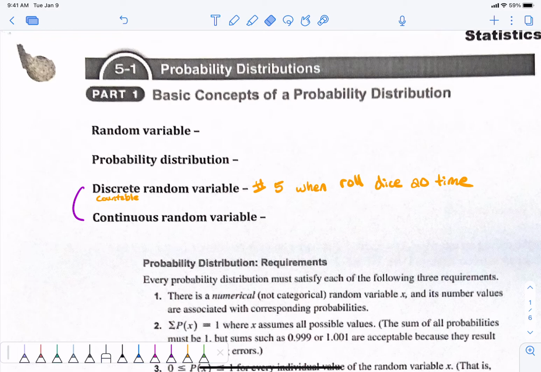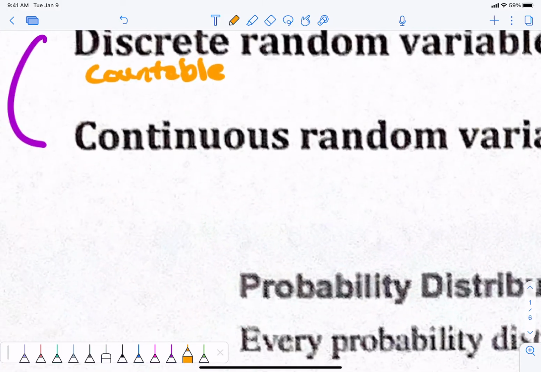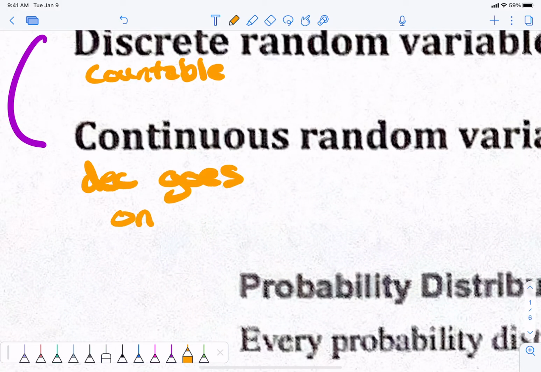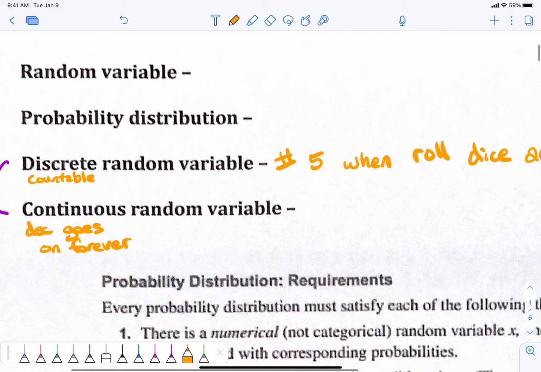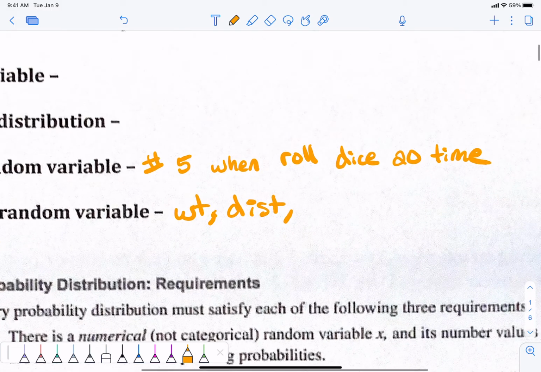So continuous means a decimal that goes on forever. A continuous random variable would be like weight or distance, because it could be 1 foot, or 1.1 foot, or 1.11 foot, or whatever. Weight, distance, temperature is another continuous random variable.